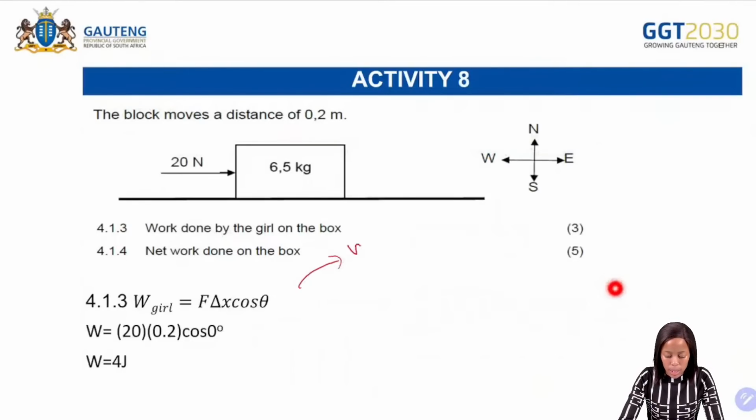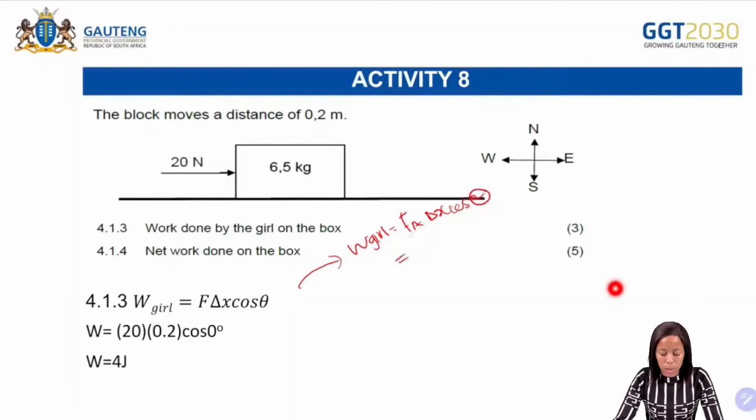The work done by the girl is equal to the force applied, change in x, and then cos theta. What is the force applied? The force applied is the 20. And the displacement, or distance, is 0.2. So we substitute the 0.2.